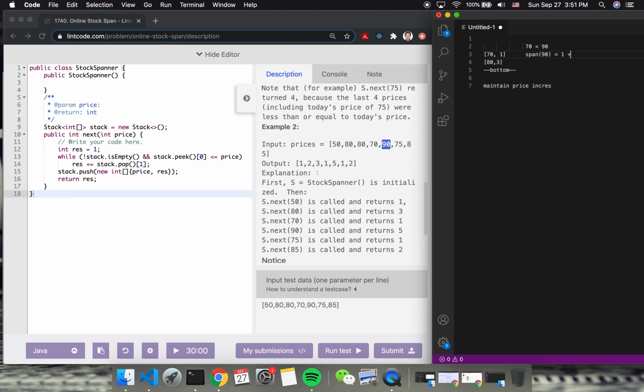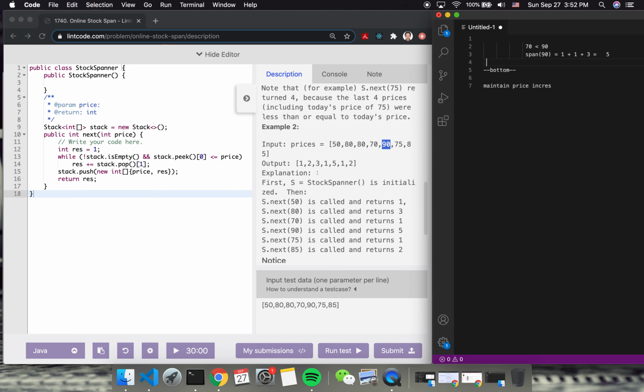So it will be 1 plus, okay, we pop out the 70, and then we will continue comparing the top of the stack with our current price, and we say okay, 80 is still smaller than the 90, so then we also add 3, and then okay, the stack is empty, there's nothing, we can return the span of 90, so this is 5.